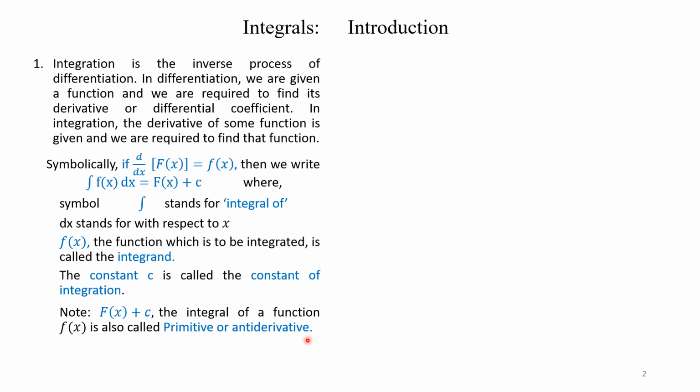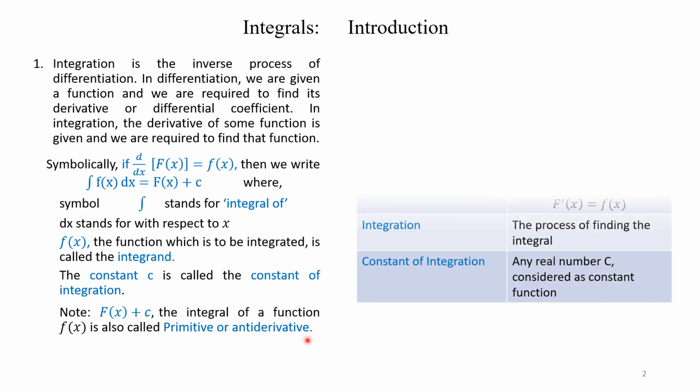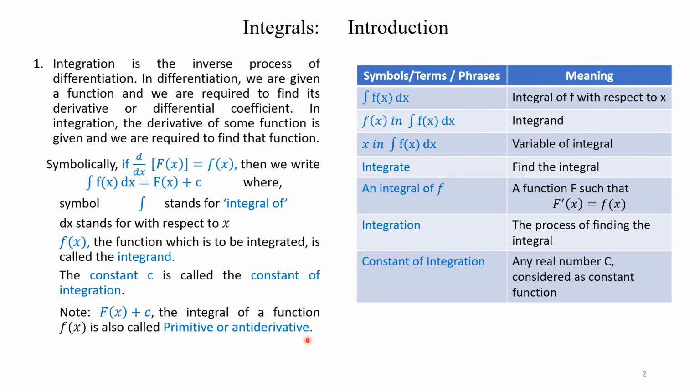For the sake of convenience, we mention the following symbols, terms and phrases with their meanings as given in the table shown. Symbol, terms and phrases, and on the right hand side, the second column is meaning. Integral f of x dx is read as integral of f with respect to x.